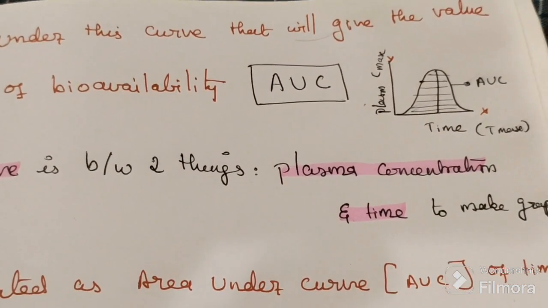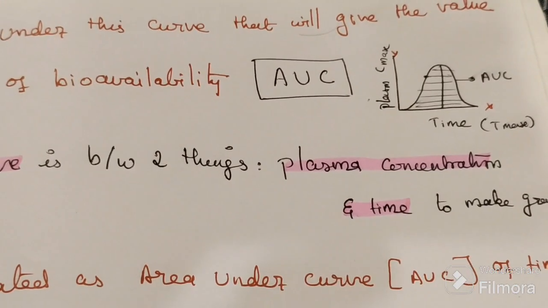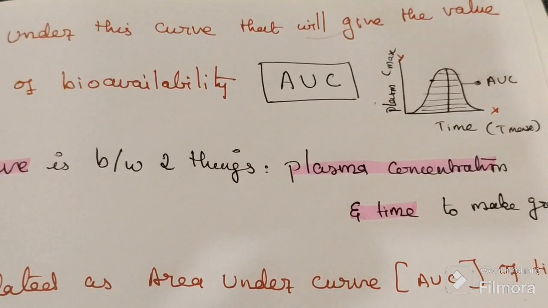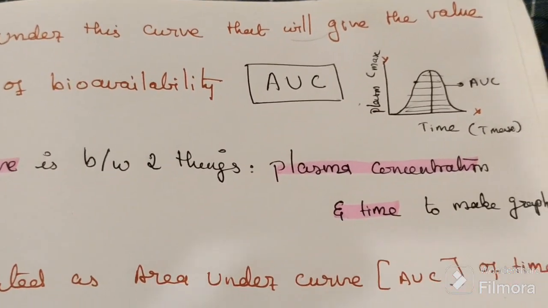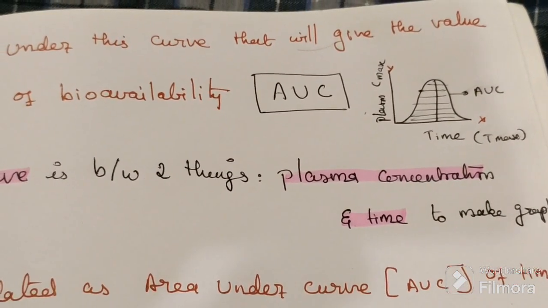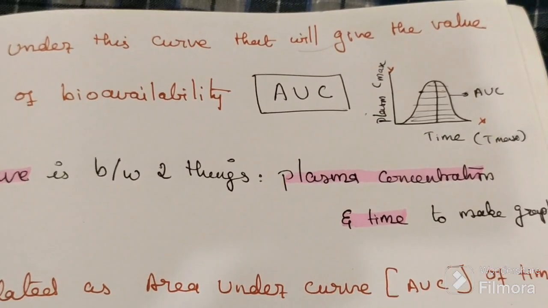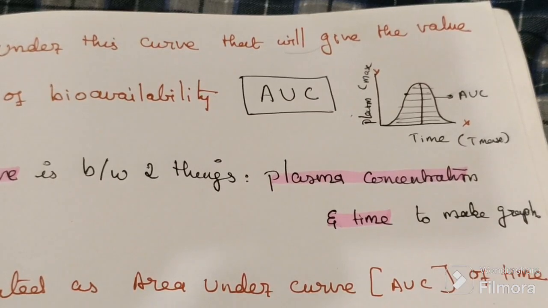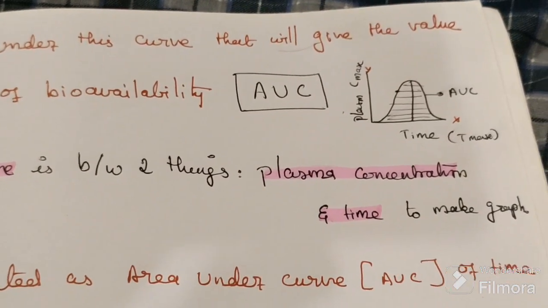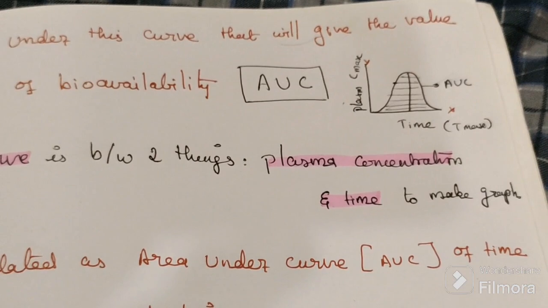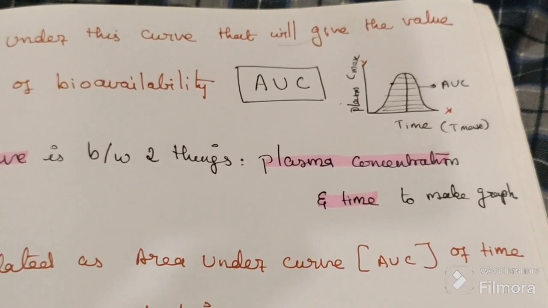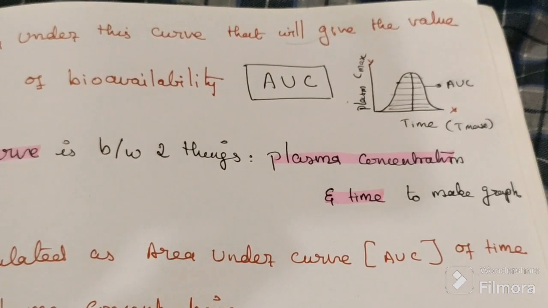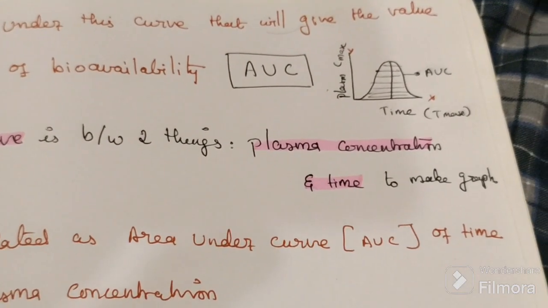I have drug A with me, and there is a subject in front of me, that means a patient. I will ask the subject to keep the tablet in the mouth and take it with water. Every 1 hour or every half hour, I will take a blood sample and check the plasma concentration of the drug.